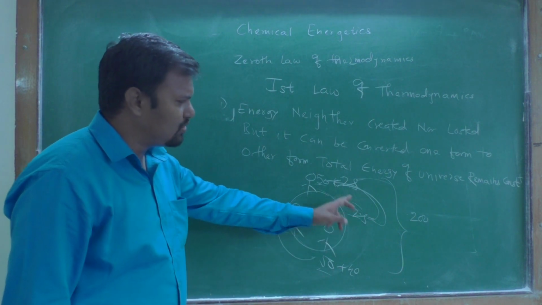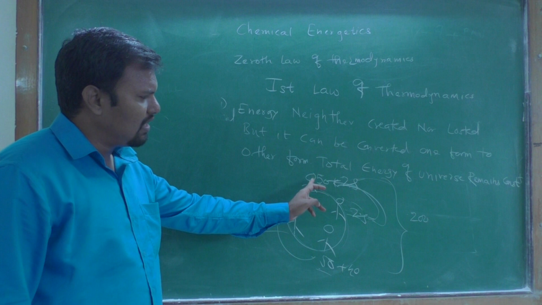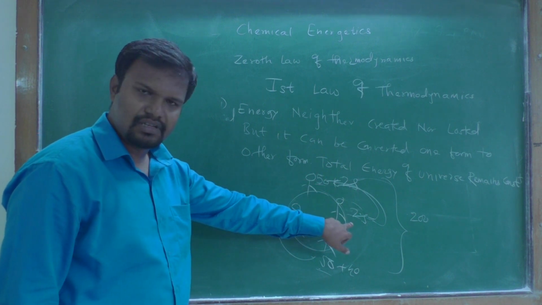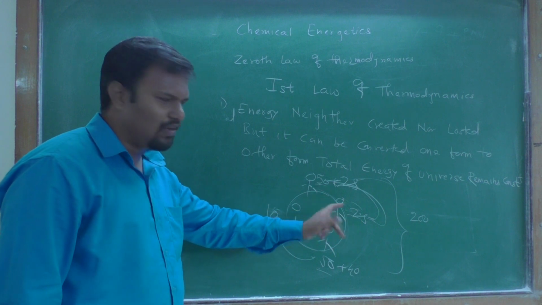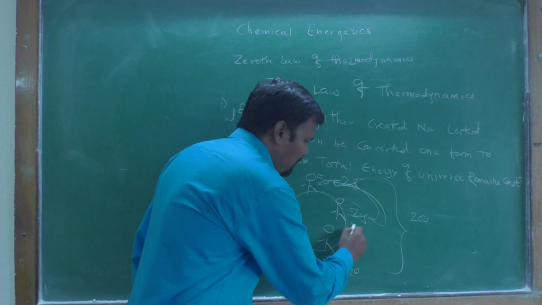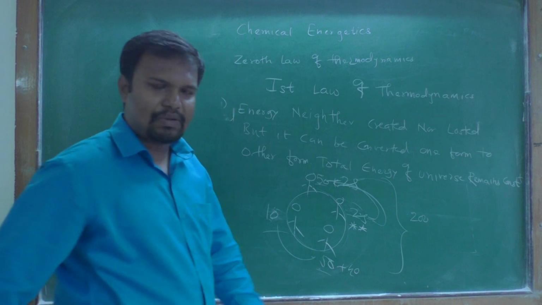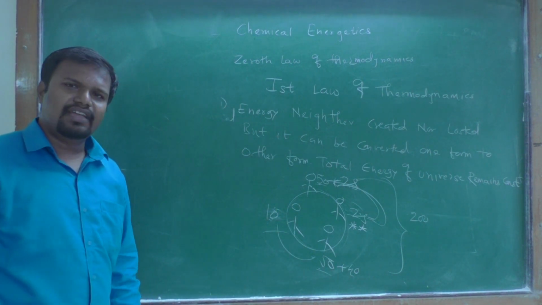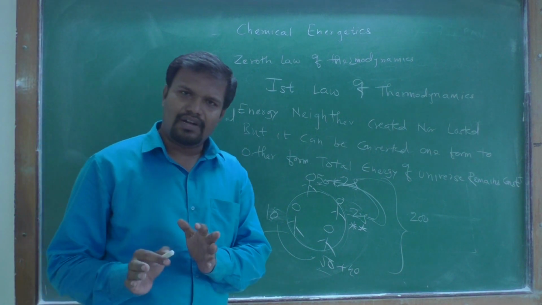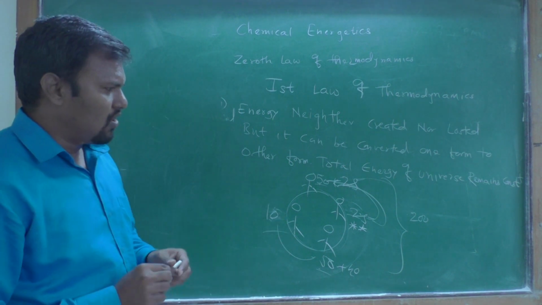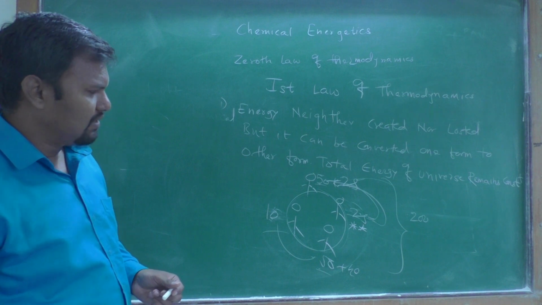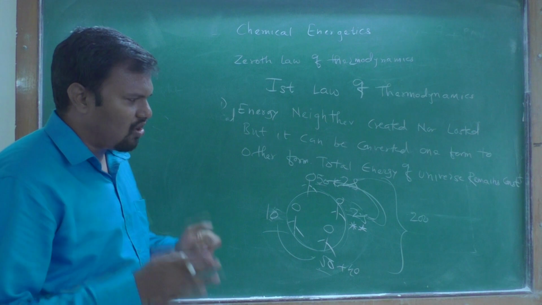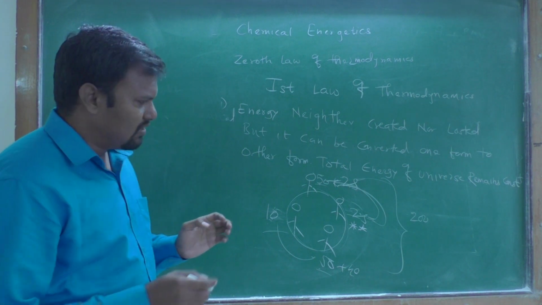Okay, 25 rupees is given to this friend and some goods are given from this friend to the other. That 25 rupees is converted into goods, into another form. In that way, energy can be converted from one form to another form, and at the end, the total energy of the universe remains the same.